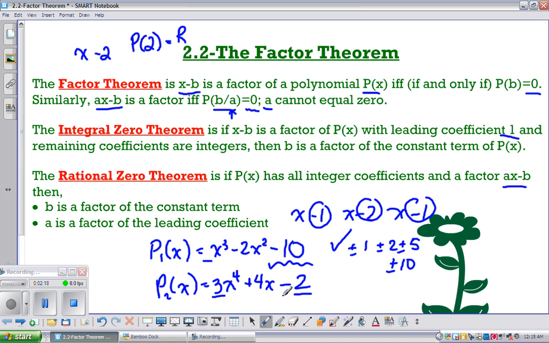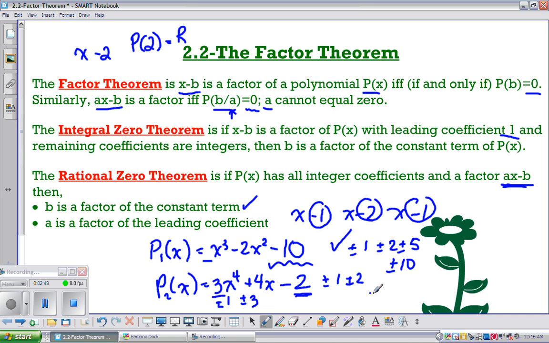However, with the rational zero theorem, if you are looking at something that has a coefficient other than 1, then the b value in your ax minus b is a factor of the constant term, so plus or minus 1, plus or minus 2 in this example, and the a in your factor here is a factor of the leading coefficient, so this would be plus or minus 1, plus or minus 3.